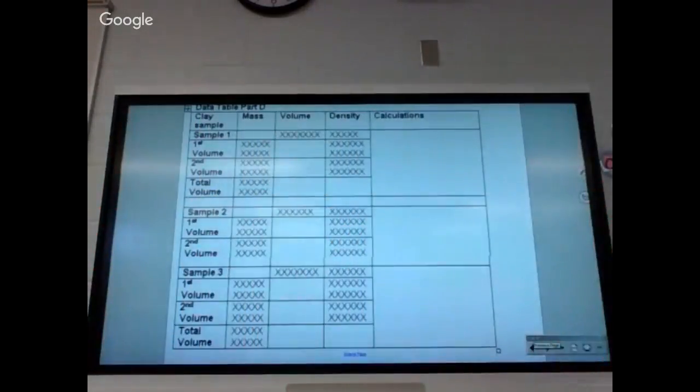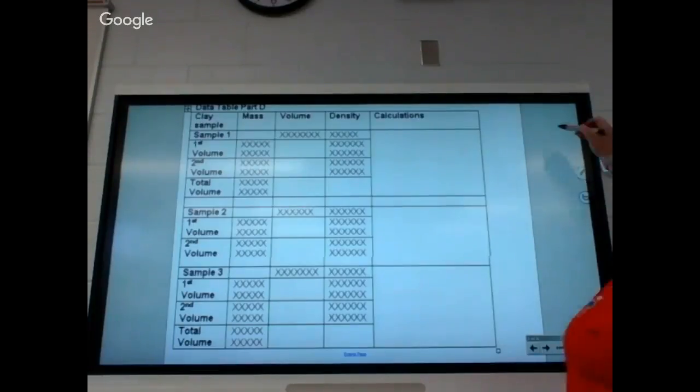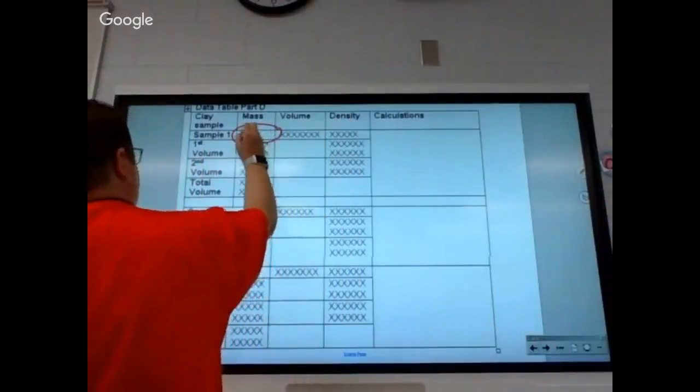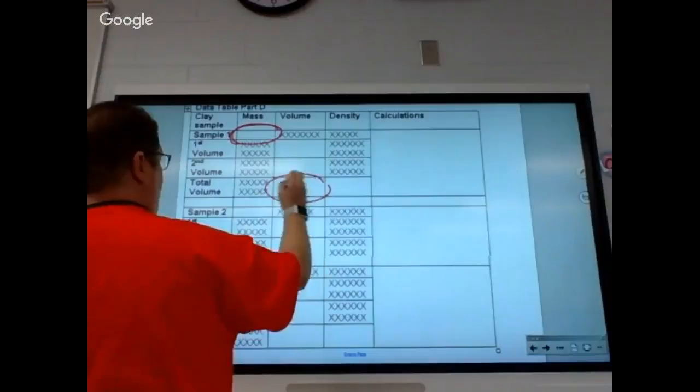Everybody got numbers? So, look at your data table in D, okay? The first point you're going to plot is whatever mass that you have written right here. All right, this mass and this volume.